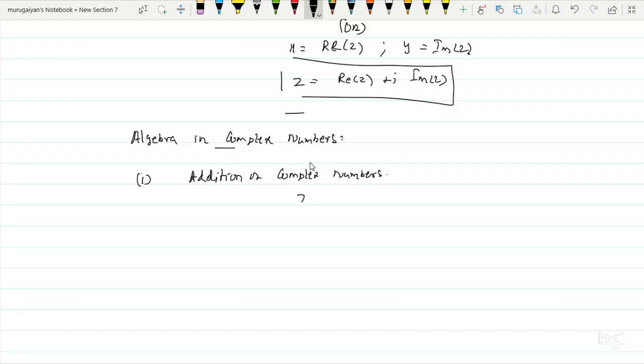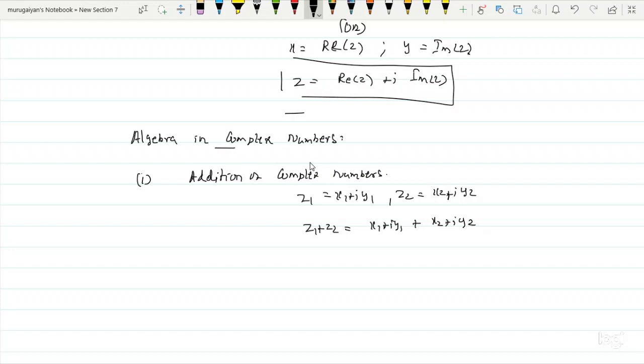If we take z1 as x1 plus i y1 and z2 as x2 plus i y2, then z1 plus z2 is x1 plus i y1 plus x2 plus i y2.